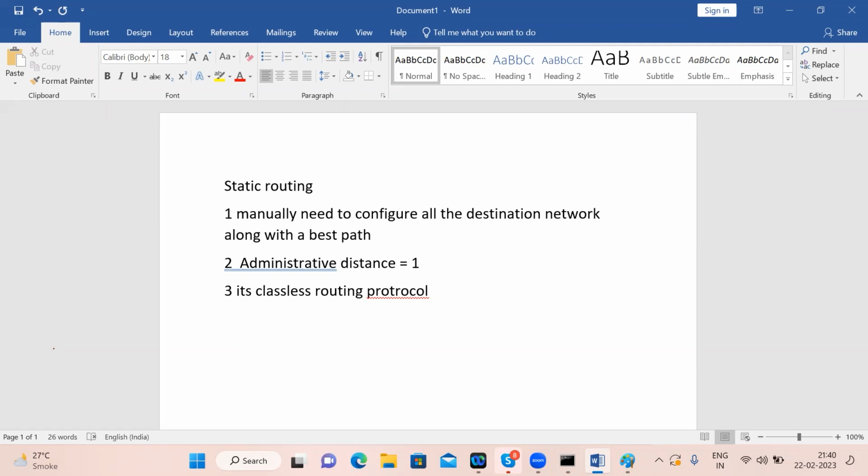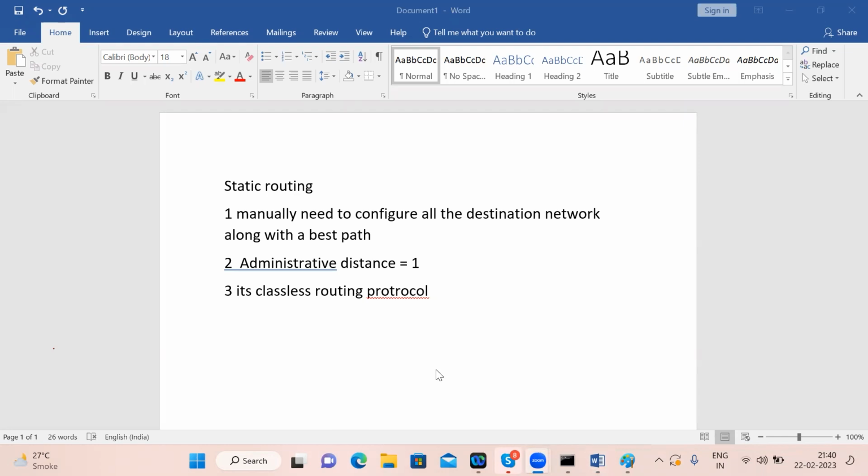I think till 10. Bro, RIP has an administrative distance of 120. Anyone? What are the administrative distance values? Sir, you are asking about the administrative value.